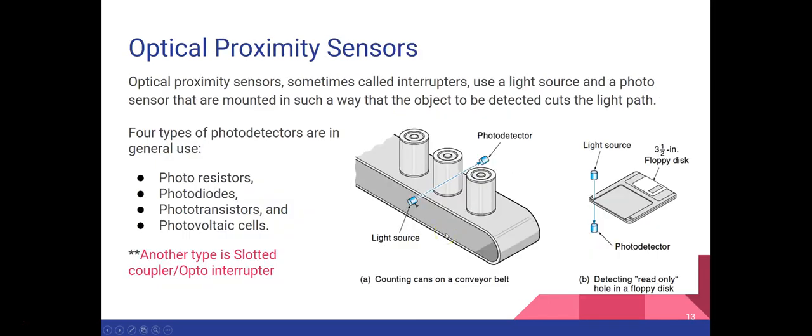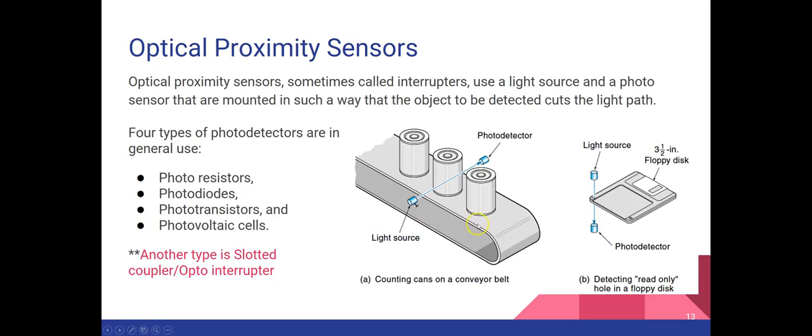sensor, which is the optical proximity sensor. These optical proximity sensors are sometimes also called interrupters, and they use a light source and a photo sensor that are mounted in such a way that the object to be detected cuts the light path. One such example is given over here.